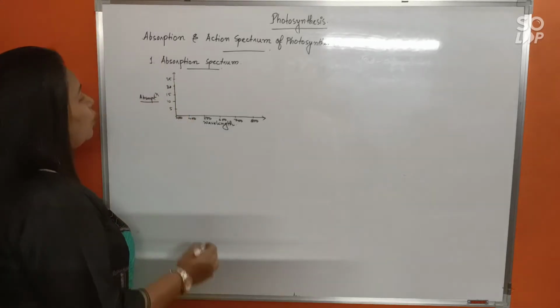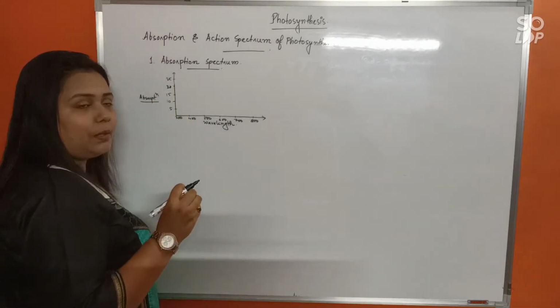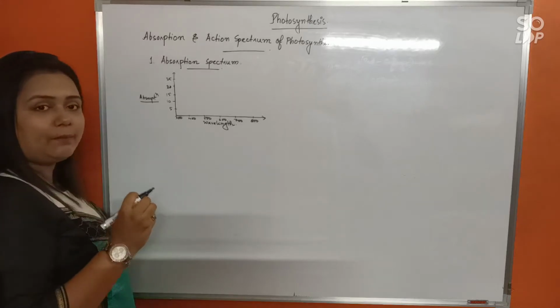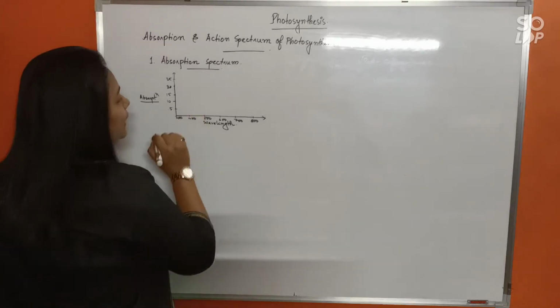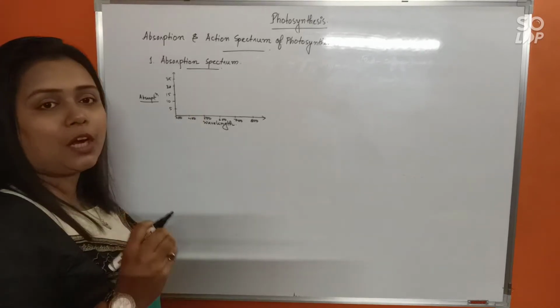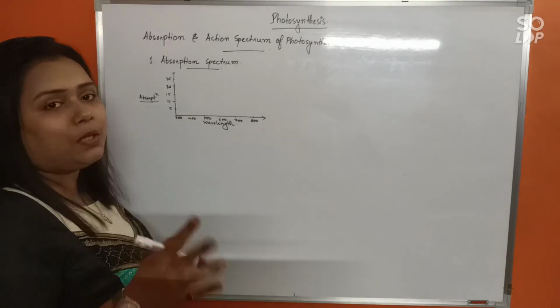Whichever photosynthetic pigment you try to find the absorption spectrum of, you will find that the absorption spectrum graph shows 2 peaks.